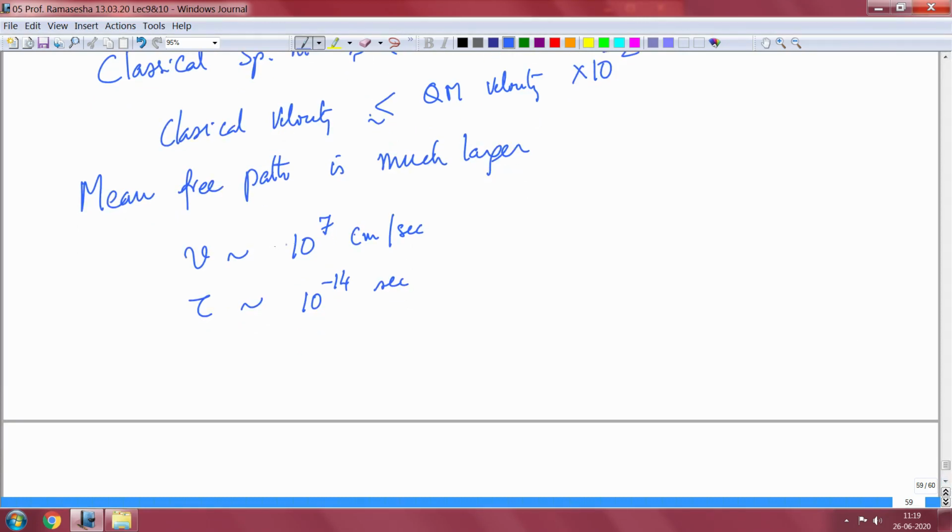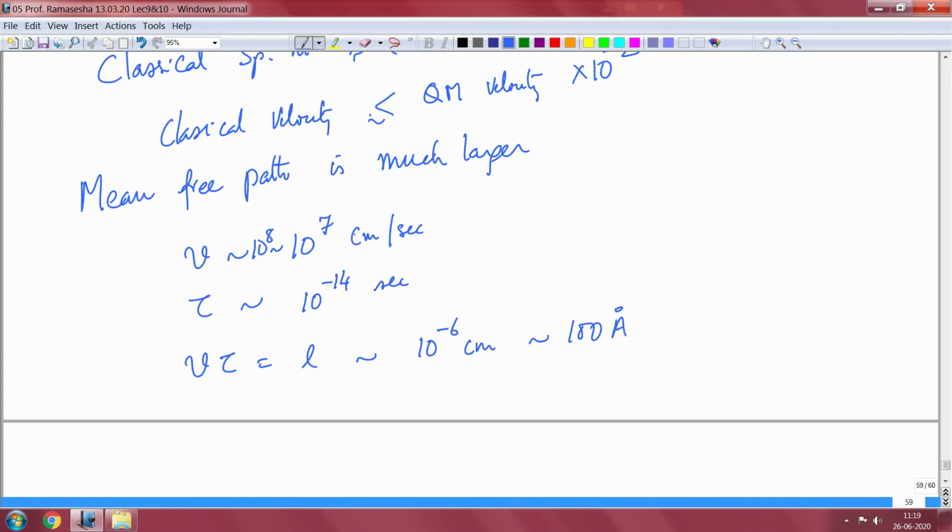So v tau, the mean free path, is roughly about 10 to the minus 6 centimeters, or about 100 angstroms.